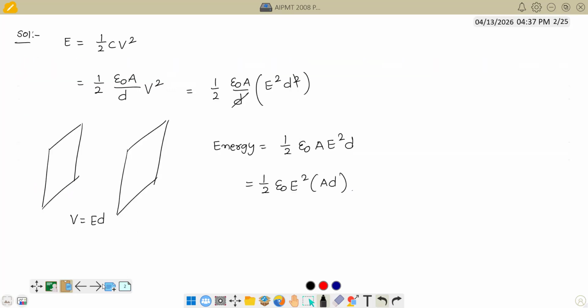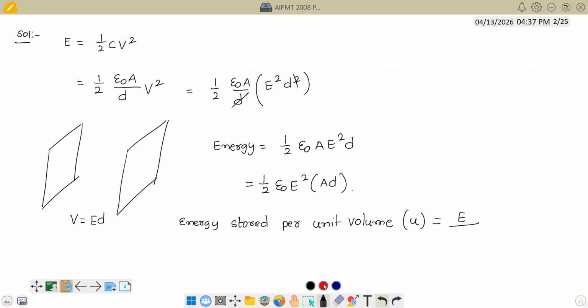But there is one more very important thing that you have to gain from this problem. That is, what is the energy stored per unit volume? This we generally indicate with small u, which would be energy divided by volume.